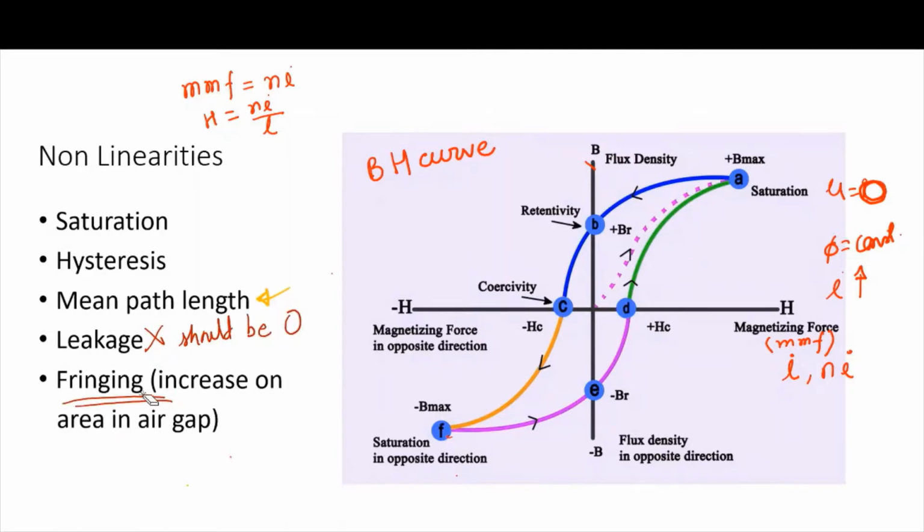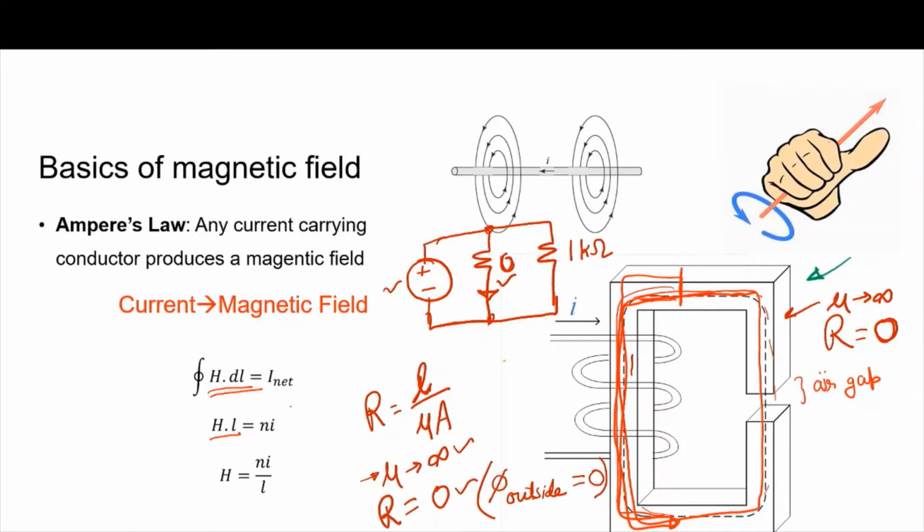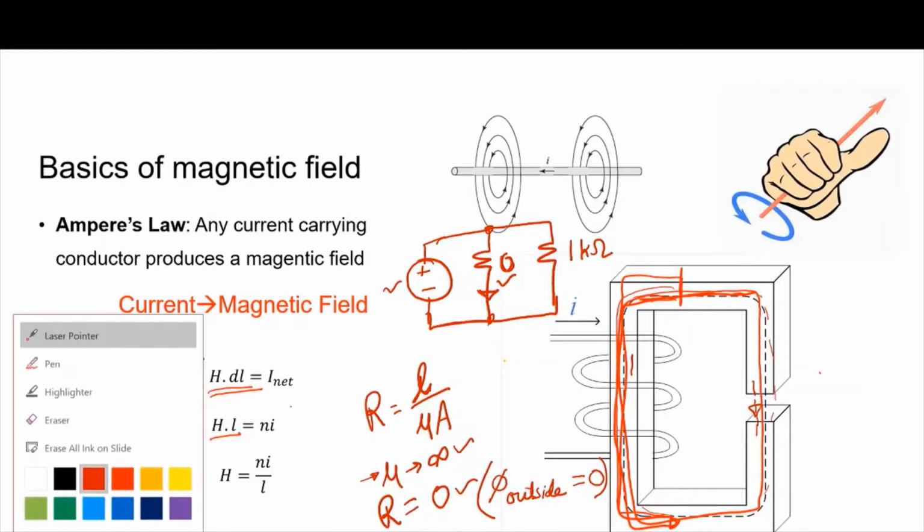What is fringing? Fringing is the effect in a situation where you have an air gap in the core. The flux lines will leave from the top limb and go towards the lower side. But in between, they will see a change in the medium from magnetic material to air.